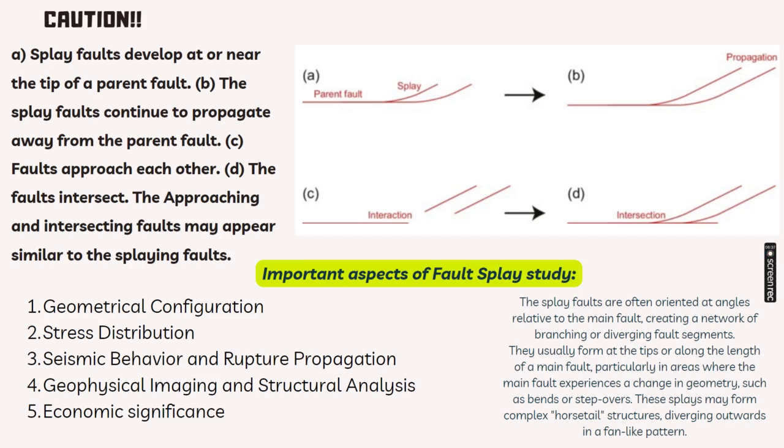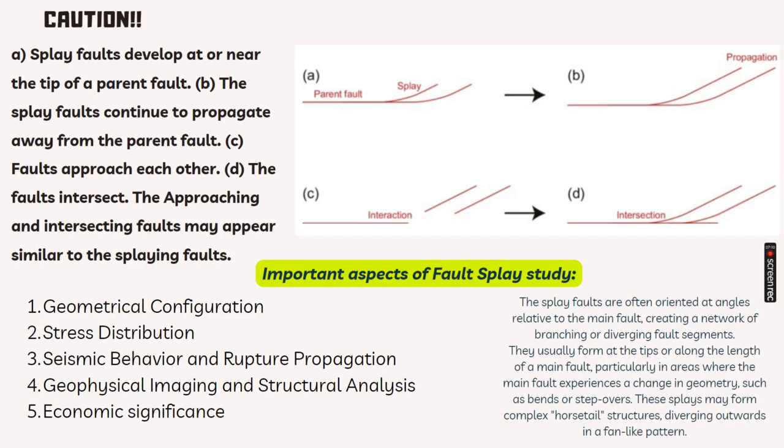In reality, they may also form perpendicular or at high angle as well as very low angle, but in general, 30 to 60 degrees is most common, particularly in areas where the main fault experiences a change in geometry such as bending or step overs, like right step over, left step over. Wherever these kinds of changes take place, splays are formed in those areas.